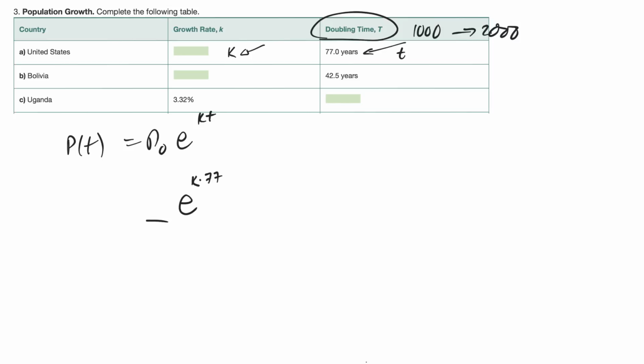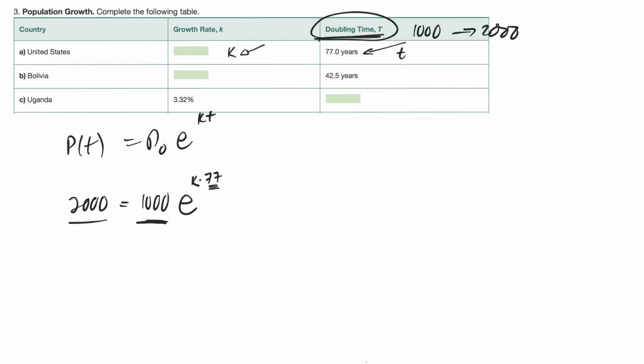Now it's this P0 and the P of t that is usually trouble for students. If they say doubling time, it means you can start with anything you want as long as you double it. So say I start with 1,000, then in 77 years that population will double from 1,000 to 2,000. And so I can solve now this equation to figure out what my k value is.